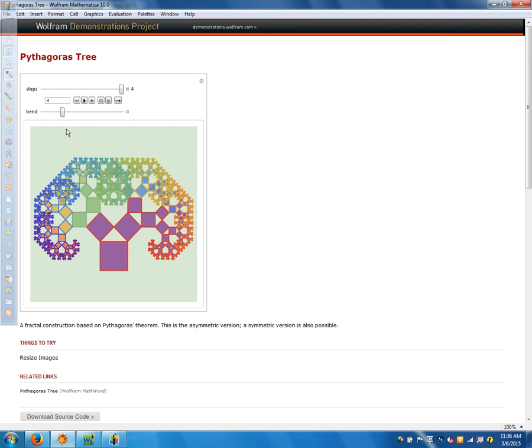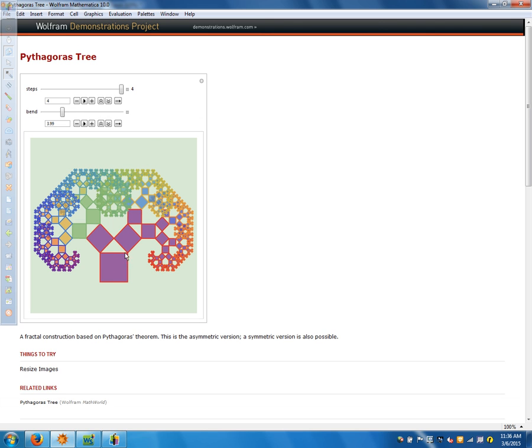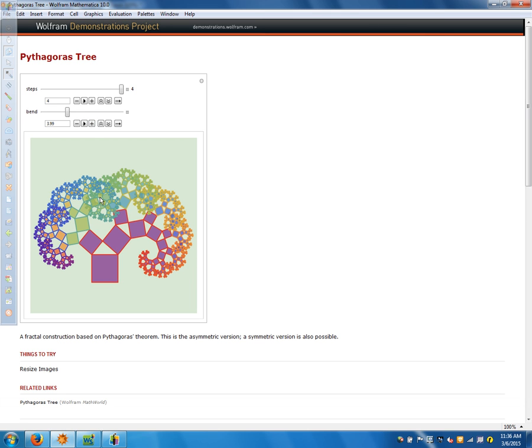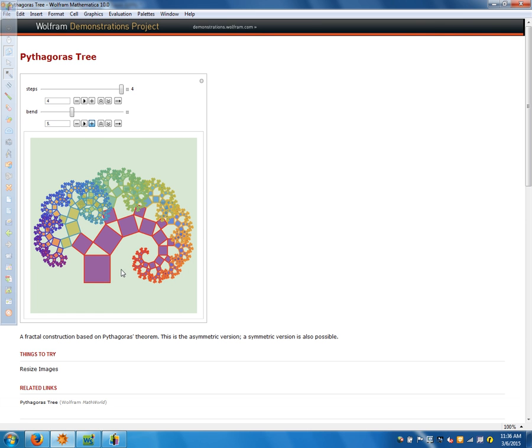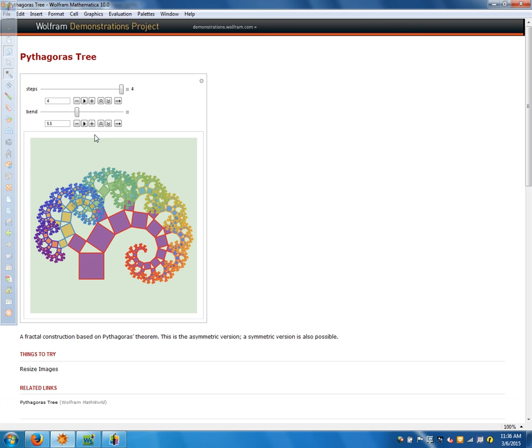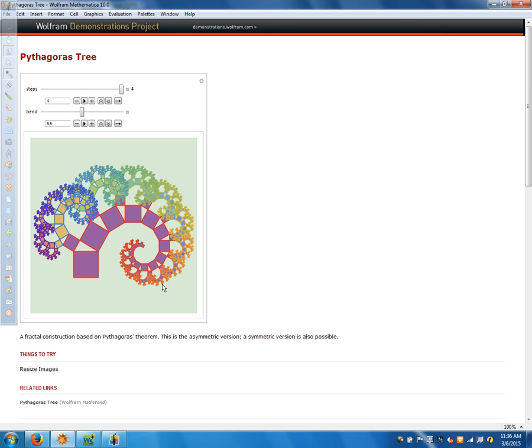They're just smaller. And what we'll do next is we'll change the side lengths of the right triangle, and it ends up kind of curving. And you get these nice little spirally shapes.